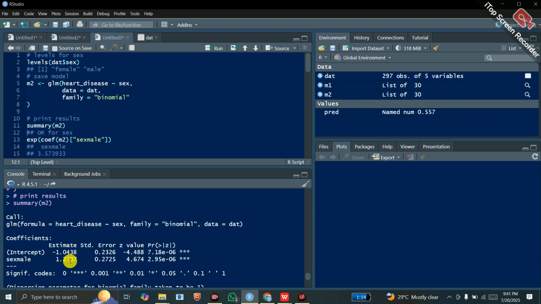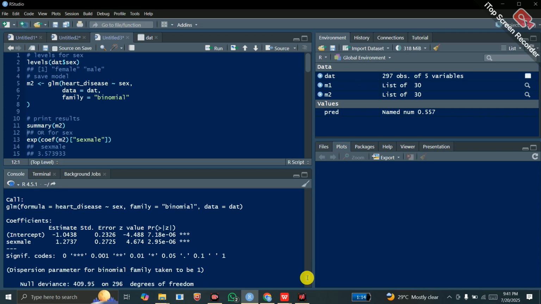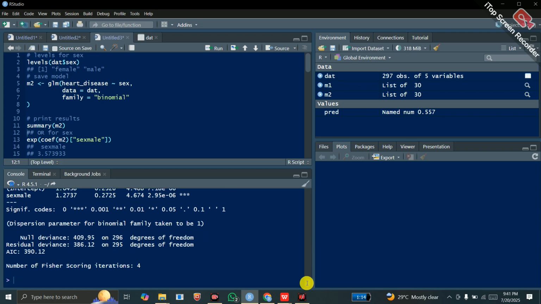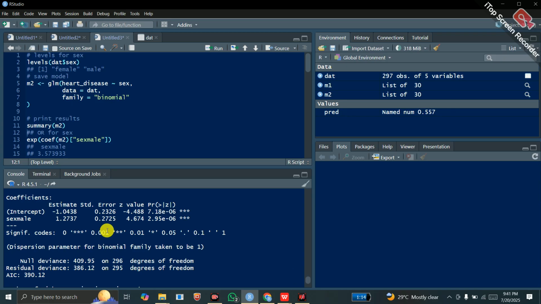Now this time the interpretation will be a little bit different than before. We can't interpret the estimated coefficient of a categorical variable like the one we did in our previous video, when our independent variable was quantitative, that was age.